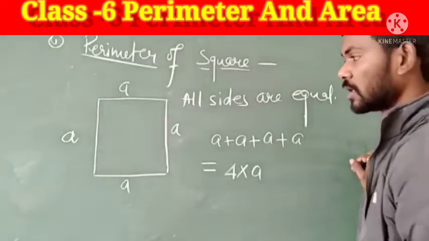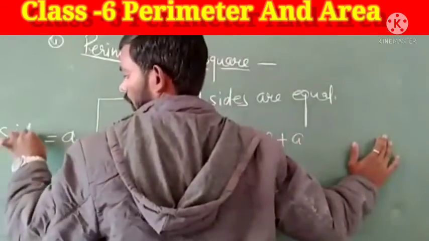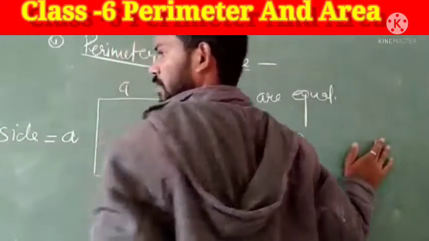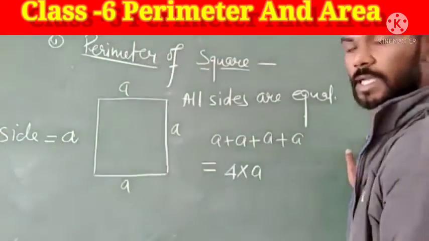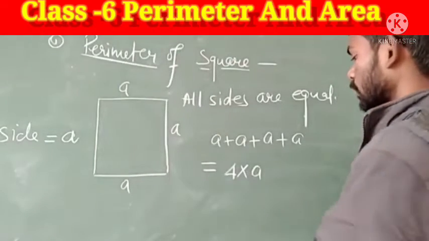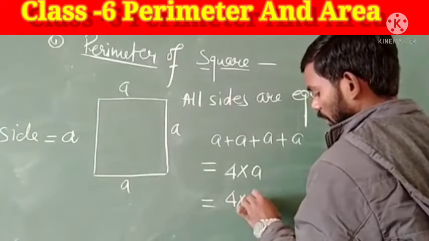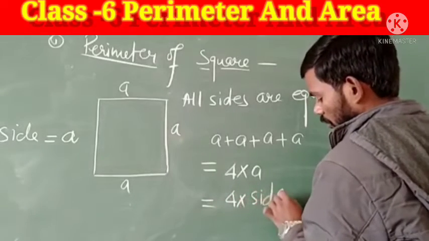You will say a is the side of the square, so it can be written as 4 multiplied by side.